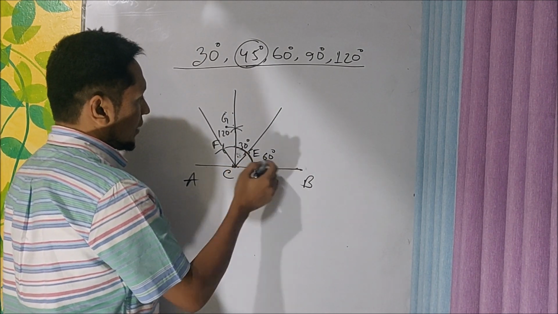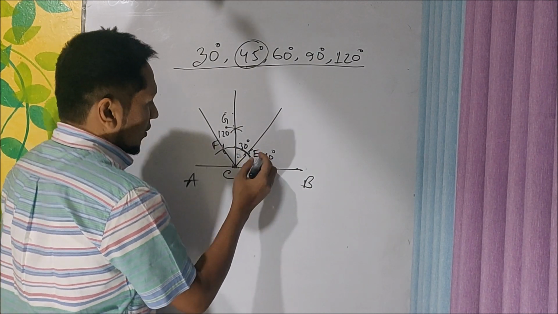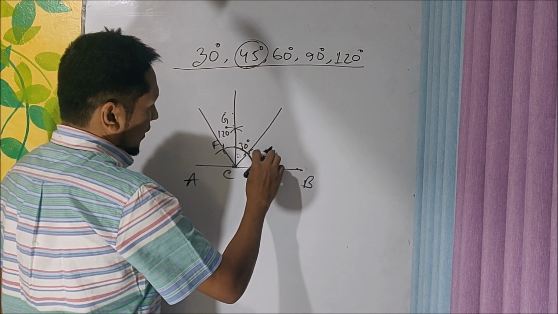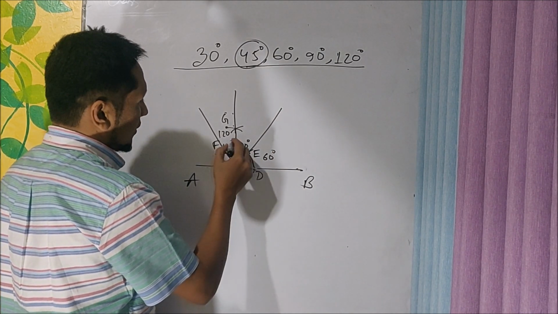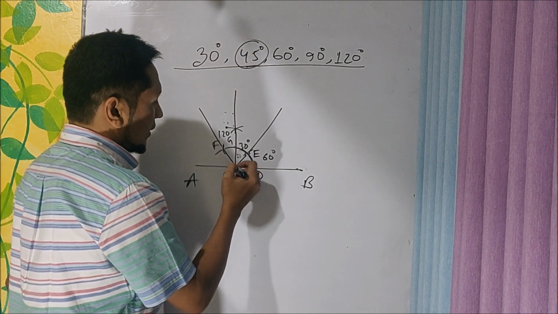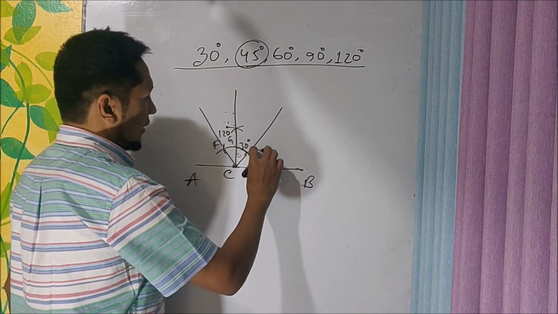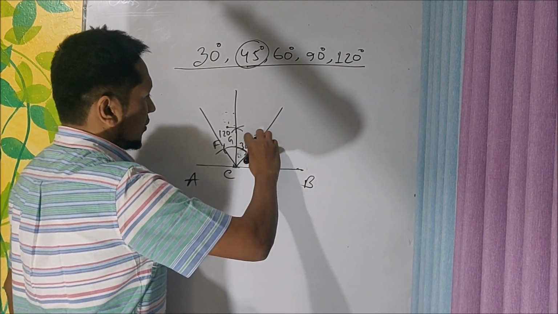To bisect angle BCG, first, centering at D and G, where G is named here, and taking radius equal to DG or more than half of DG, we will draw two arcs.